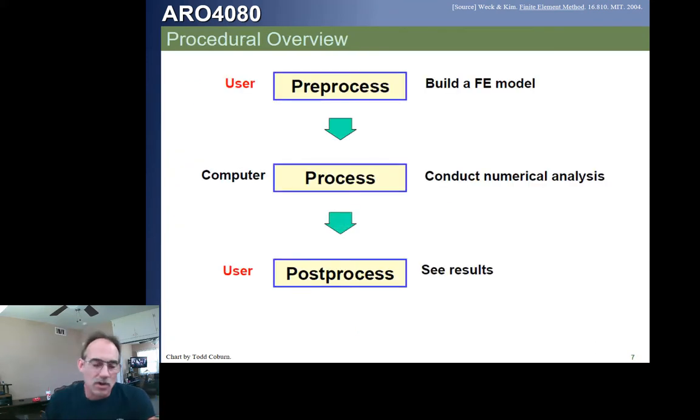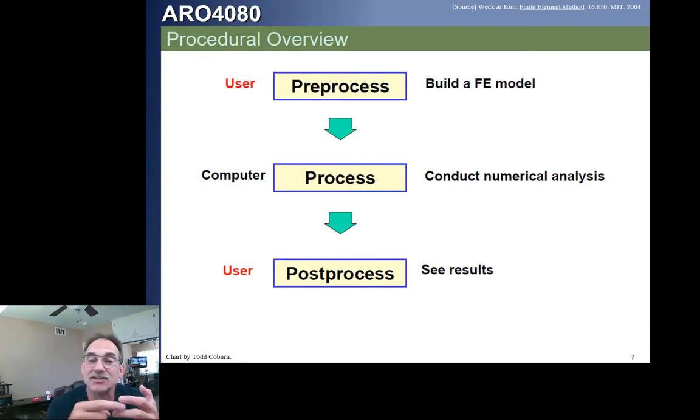So when we talk about pre-processing, what we're going to do first is build a model, which means we've got to look at our structure and figure out what elements we are going to use, how it is loaded, how these elements are tied together, and what kind of constraints we have. This is the process of building a finite element model. We can do that by hand by making a text file. You're going to learn how to do that.